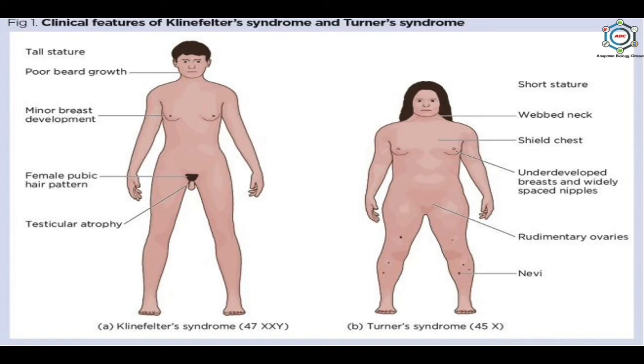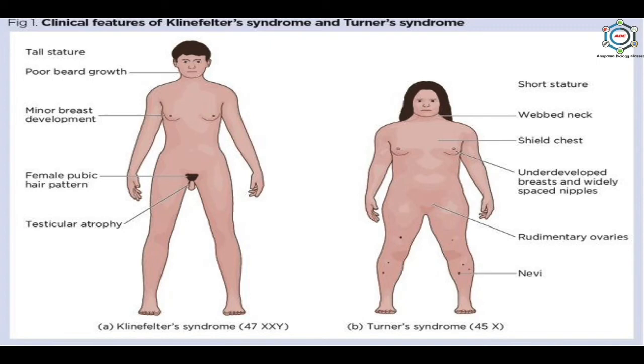In Klinefelter syndrome, the individual is a sterile male, while in case of Turner syndrome, the individual is a sterile female. Klinefelter syndrome individuals have small testes, long legs, sparse body hair, while in Turner syndrome, individuals have reduced ovaries, short stature, a small uterus, undeveloped breast, and loose neck skin.